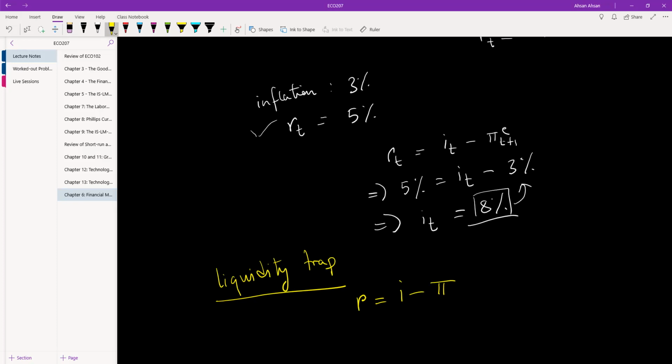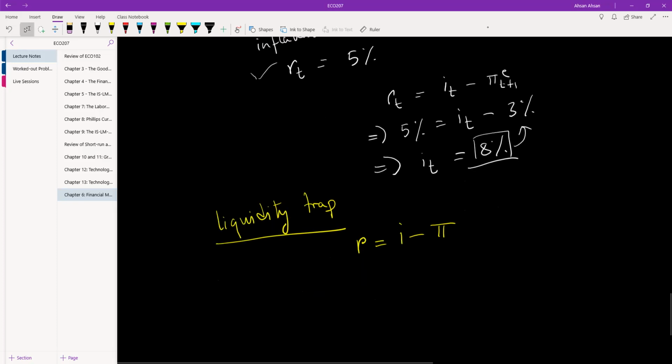Now, we also know that i must be greater than or equal to 0, right? The nominal interest rate cannot be less than 0%. A bank cannot tell us that if you save money with us, we're going to charge you interest. They cannot say if you borrow money from us, we're going to give you money. It doesn't work that way.